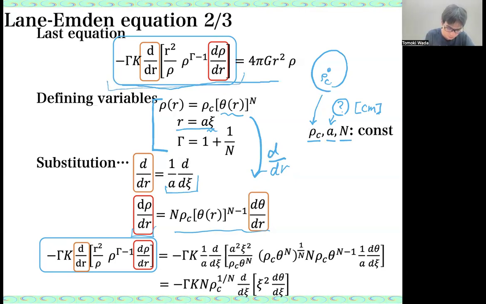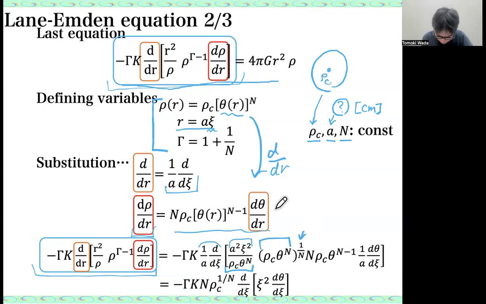Here, we calculate this combination as this. This is d over dr, and this combination is r squared, and this is rho, and this is also rho, and gamma minus 1 becomes 1 over n.